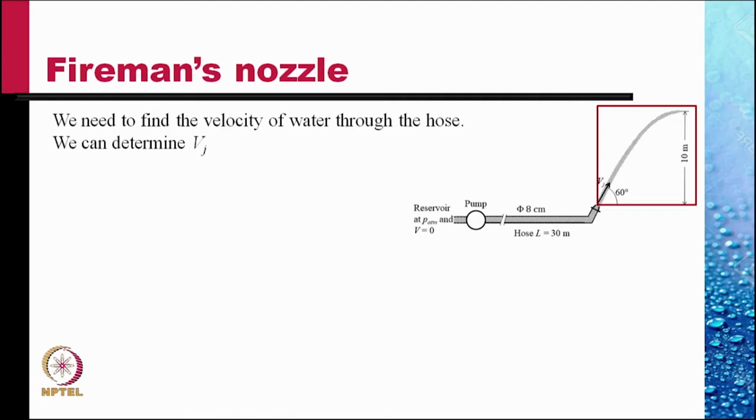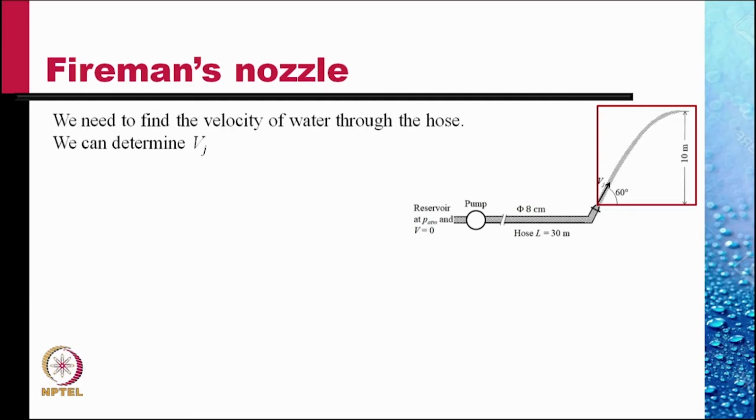Vj is determined by applying the simple kinematic equations to particles of water in the jet region. If it comes out with the velocity Vj at 60 degrees, the horizontal component is Vj cosine 60 degrees and the vertical component is Vj sine 60 degrees.